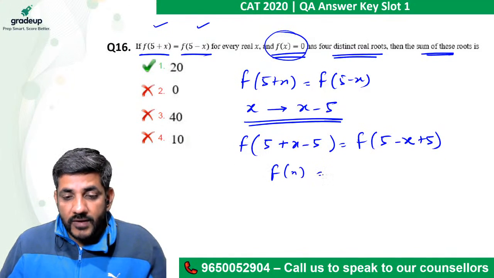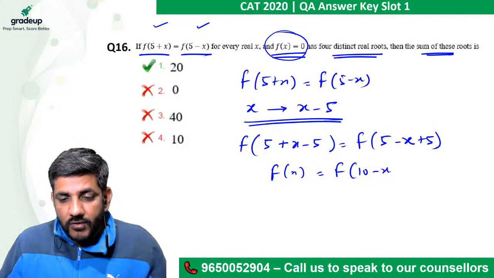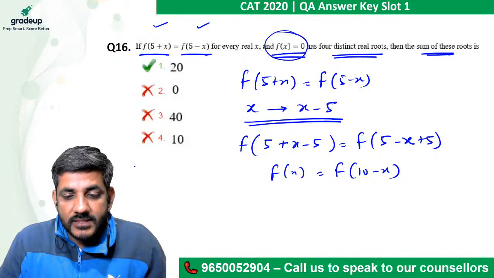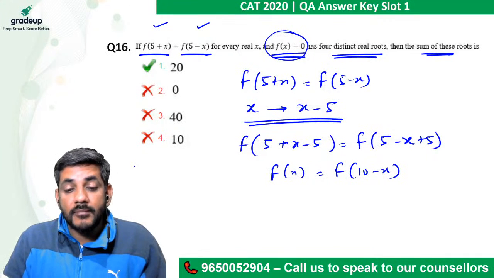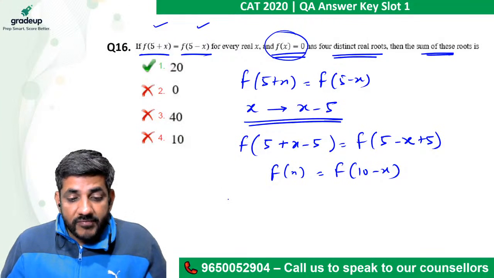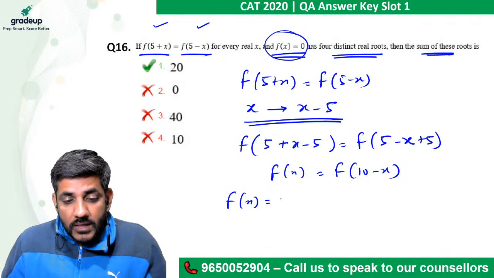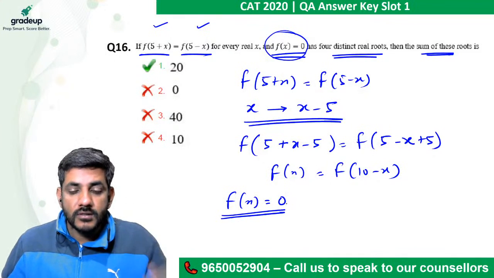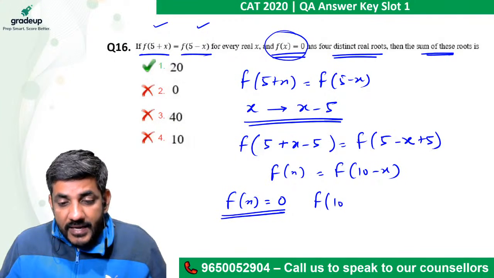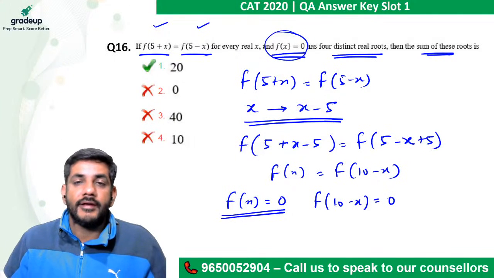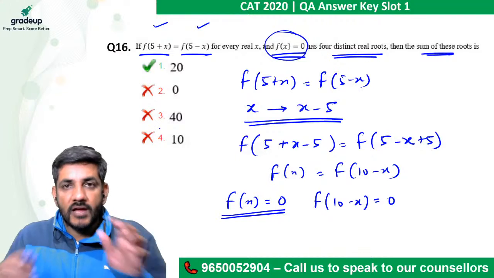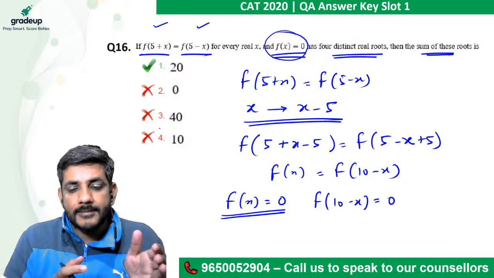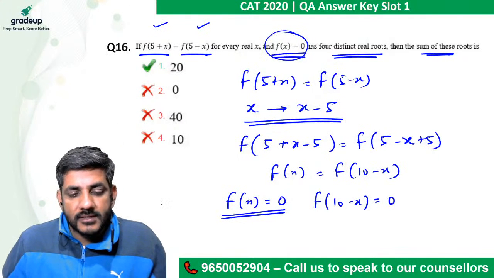Or f of x is equal to f of 10 minus x, which means if f of x becomes 0 at a particular point, that is a root, then f of 10 minus x will also become 0 at that point, right? If f of x and f of 10 minus x are equal, so if f of x becomes 0 at a point, f of 10 minus x would also become 0 at that point.